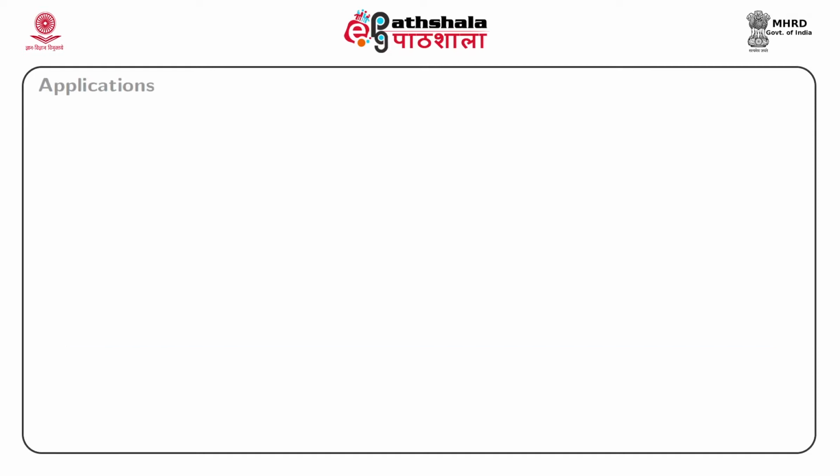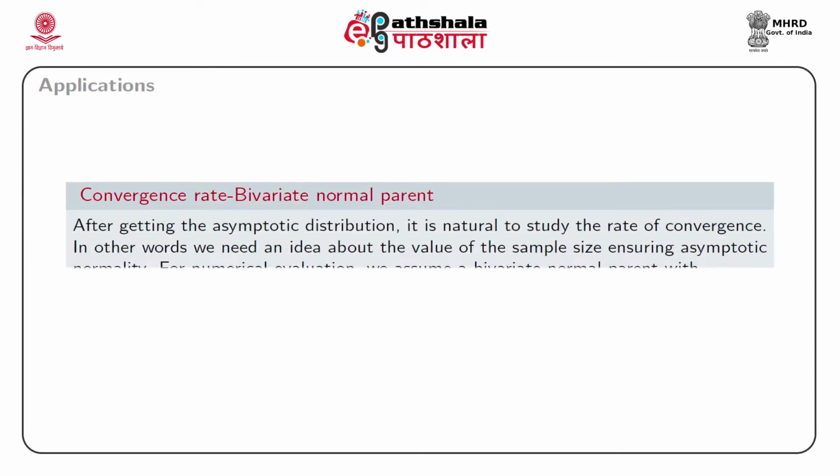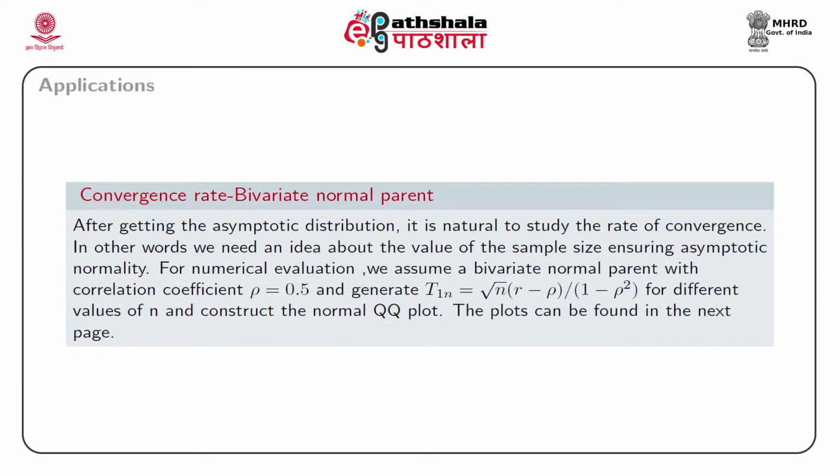Next, we shall study the convergence rate for bivariate normal parent. After getting the asymptotic distribution, it is natural to study the rate of convergence. In other words, we need an idea about the value of the sample size ensuring asymptotic normality.